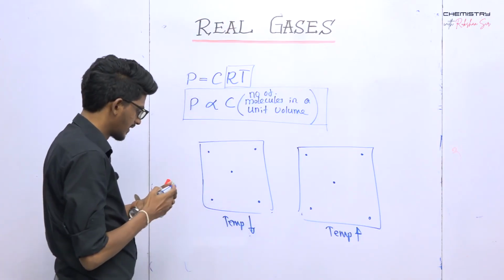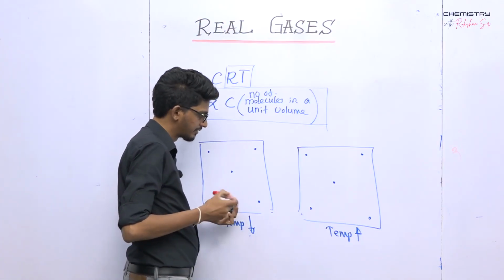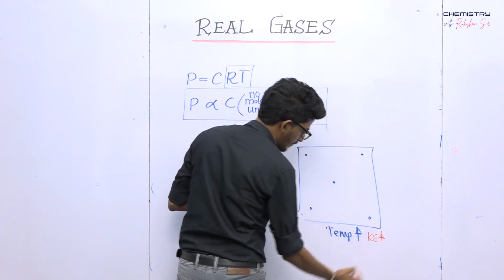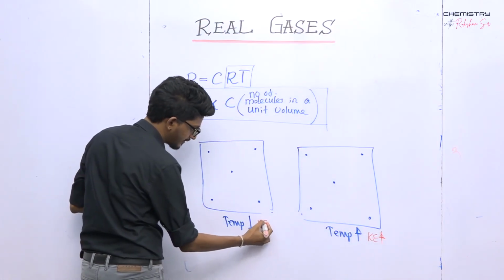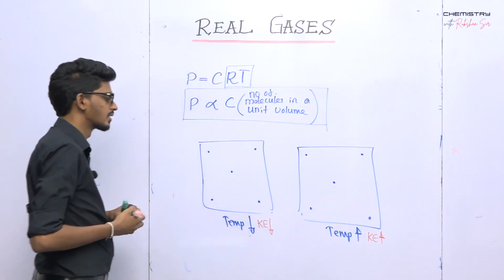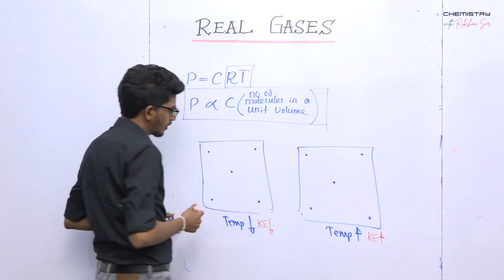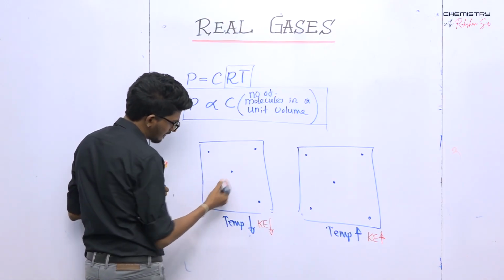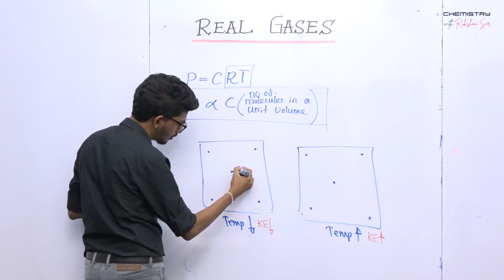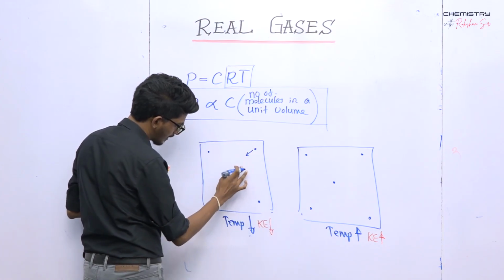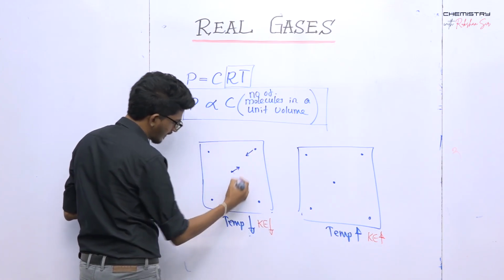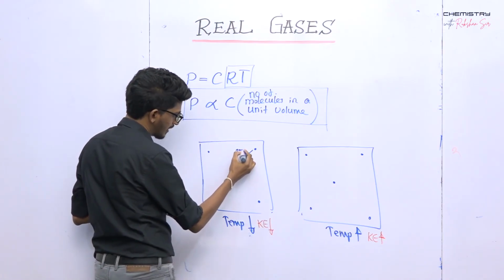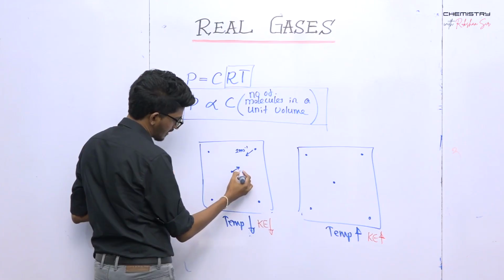Temperature is high means their kinetic energies are high. Temperature is low means their kinetic energies are low. So when the kinetic energies are low, these guys are moving with very slow speeds. Let's say they are coming face to face with very slow speeds, say 2 m/s and 3 m/s.